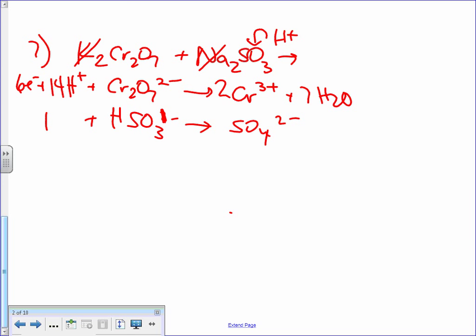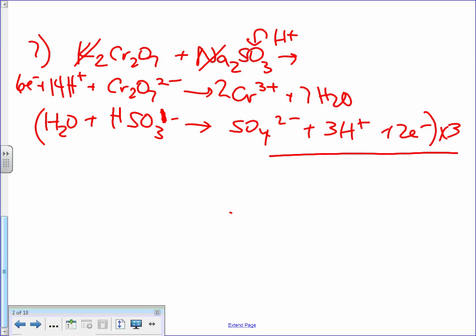Not a hydrogen. A water, right? Add a water, and then 3 hydrogen ions. Next. So you see a total of a 1 minus here. You see a total of a 1 plus here. So then you get a 1 plus down to a 1 minus. You add 2 electrons. Balance by adding a multiplier of 3 here.